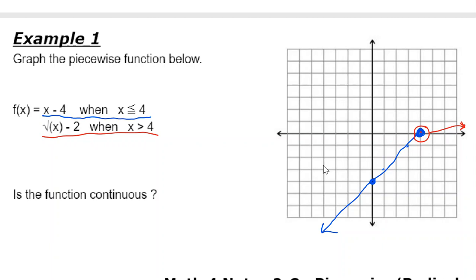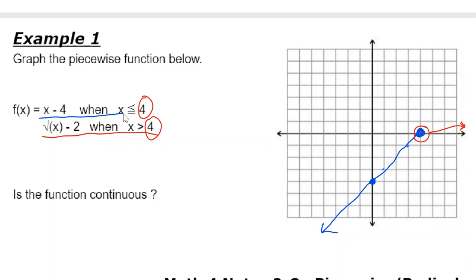Now, we need to address, is this a continuous function? I think last time we picked up on 2 ways of doing it. We can look at it graphically, and the fact that there is a solid circle inside the open circle means that this is continuous, at least at that point. We can also look at what is happening at the 4s.